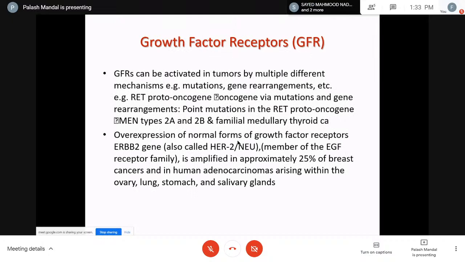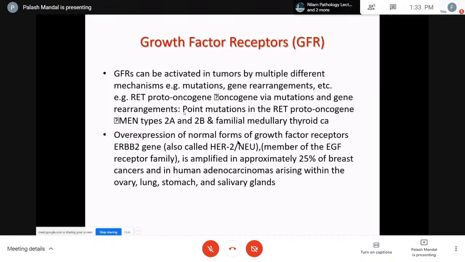Now, growth factor receptors can be activated in tumors by different mechanisms like mutations, gene rearrangements, etc. For example, the RET proto-oncogene is transformed into an oncogene via mutations and gene rearrangement.